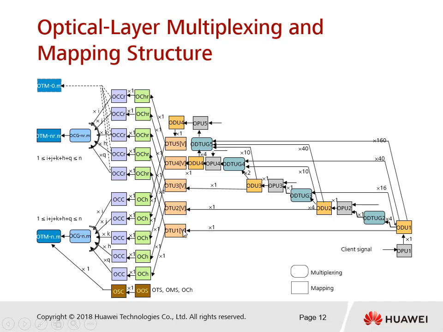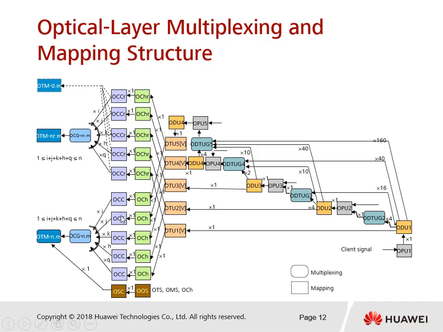So here we can see we have OTU1, OTU2, OTU3, OTU4, and even OTU5. So these are different OTUKs. Then we add the OCH overhead. So these are different optical channels. Here we have 1, 2, 3, 4, 5. We have 5 channels, and these 5 channels work as the payload for the optical channel.